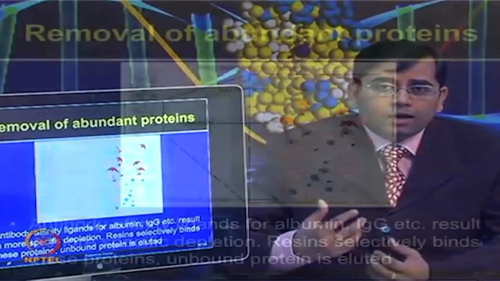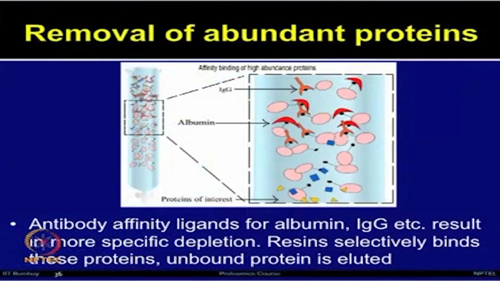So, the affinity based methods ensure the specific targeting of albumin, IgG and other specific abundant proteins.